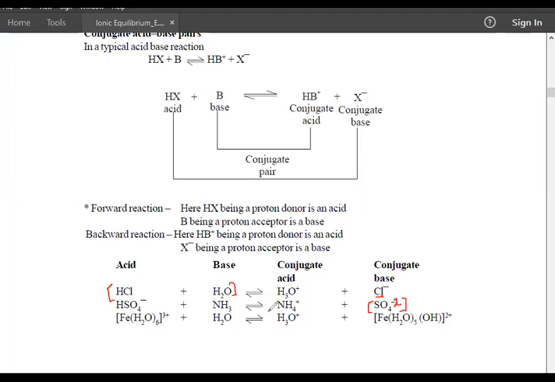Okay, everyone, understood the concept of conjugate acid and base? Anyone have any issue? Tell me. No? Very good. Preetham, Mansi is absent. Mansi is here. Okay, very good.